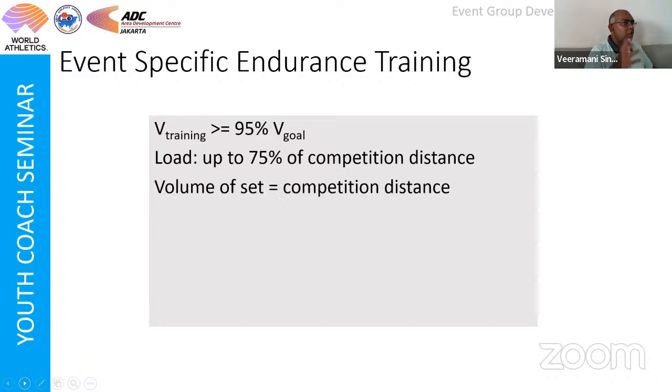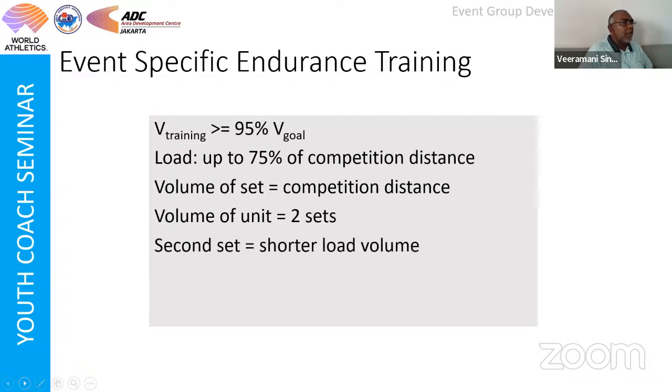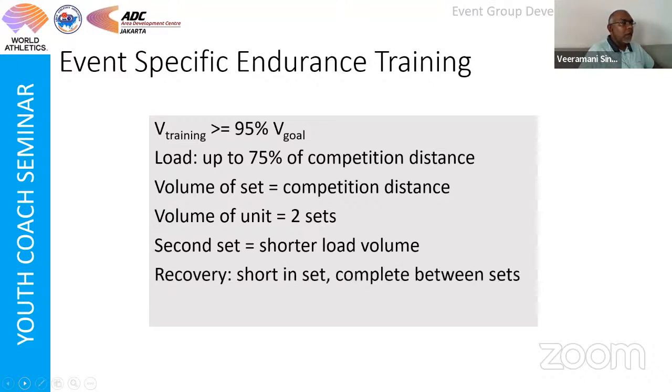Volume, usually we will have a total number summing up to 800 or 1,500, so a complete volume. And then 2 sets of it. Recovery will be short in time or in terms of sets, and then complete.